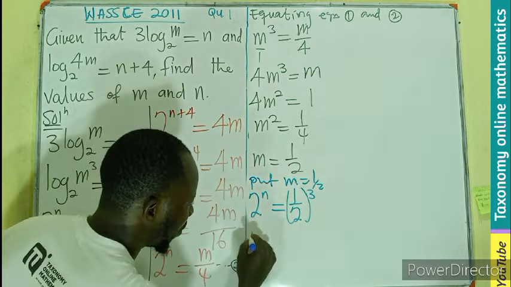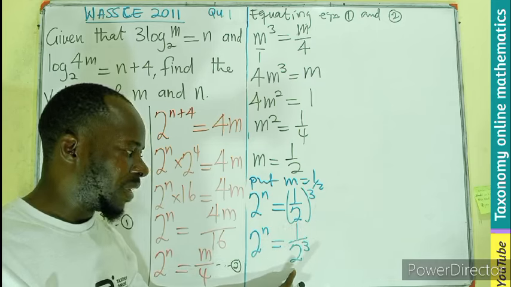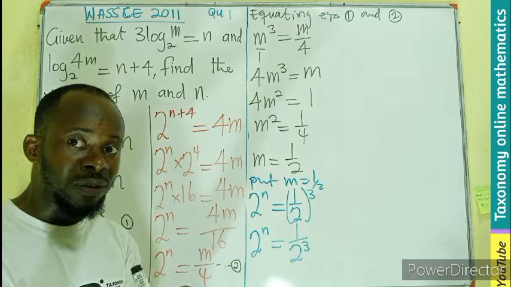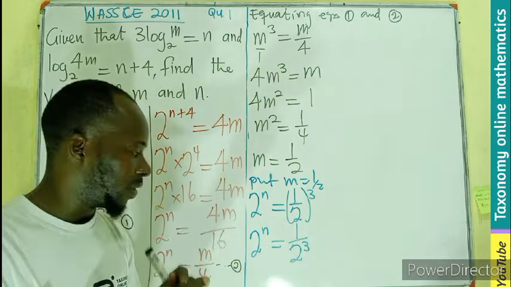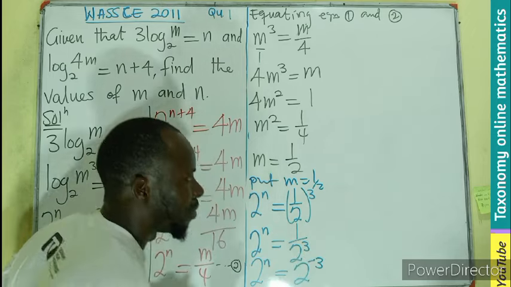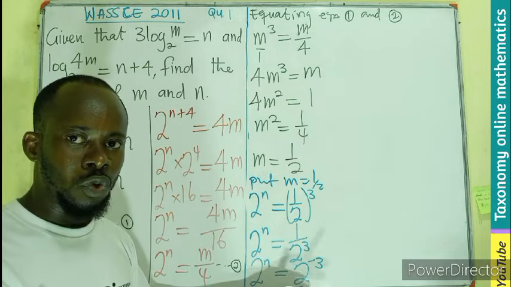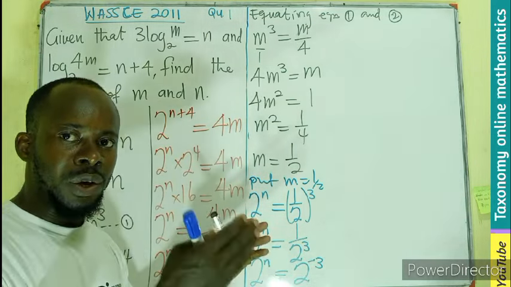Let's make it this way: 1 over 2 exponent 3, where the reciprocal of this can become 2, and then we change this to become negative from the properties of indices. So I'll be having 2 exponent n equals 2 exponent what? Minus 3. Can you see that? We have the same base, so we equate the exponents.